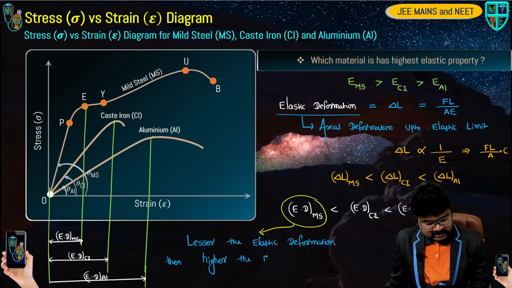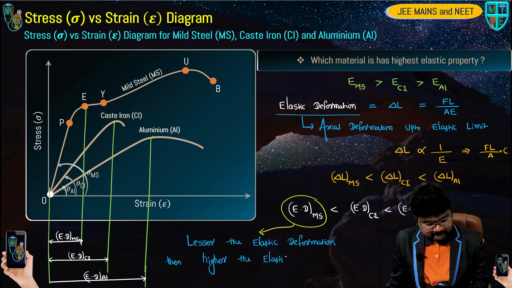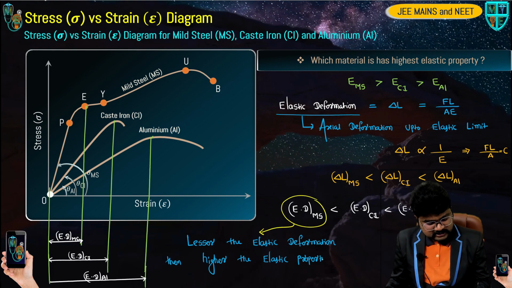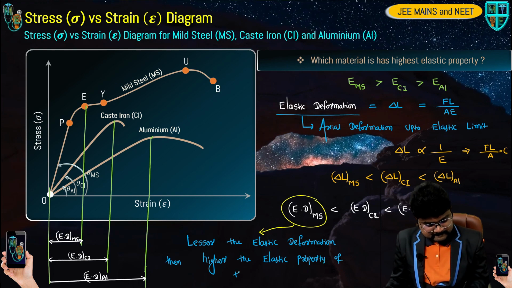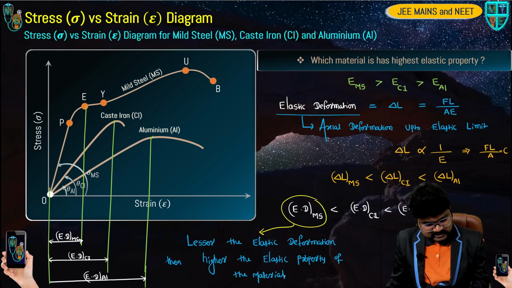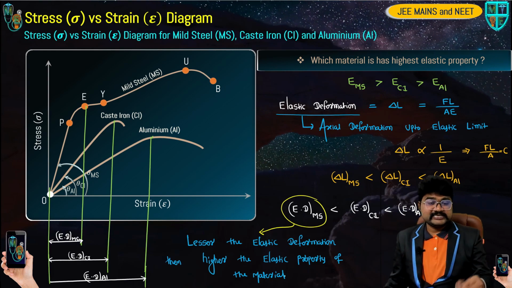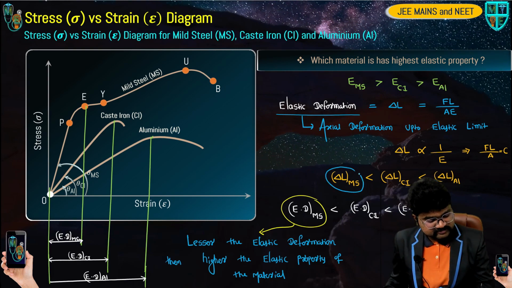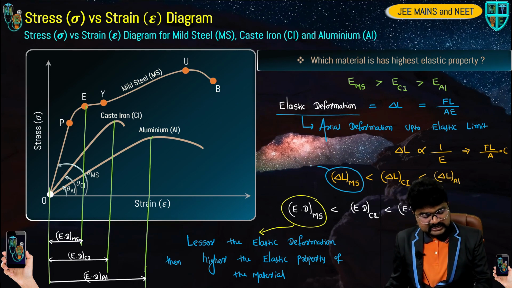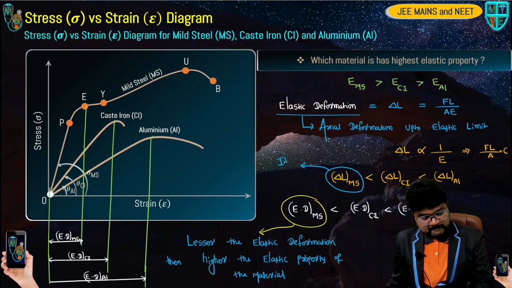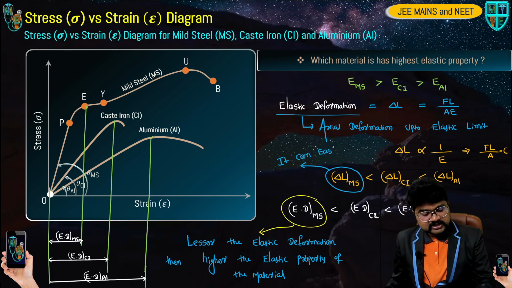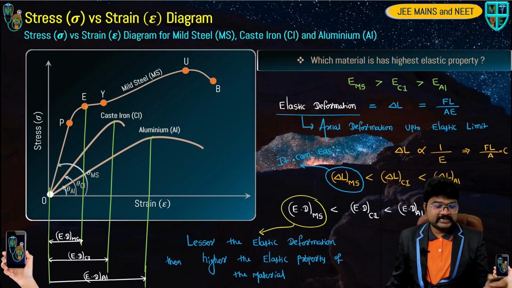Understood? So if delta L is less, it can easily come back to its original position. So lesser the delta L, the more easily it can come back to its original position. That is the elastic property of the material.